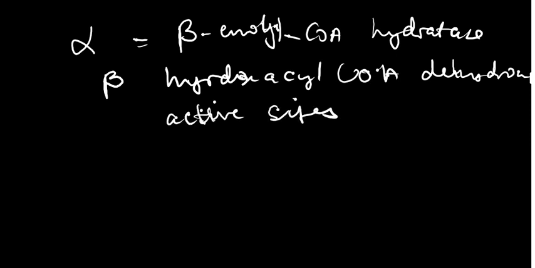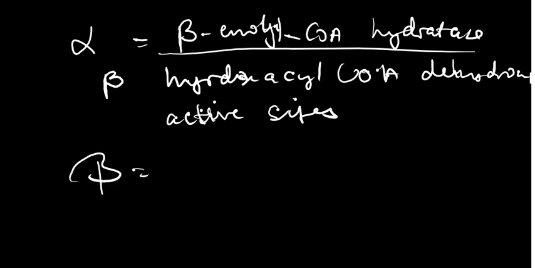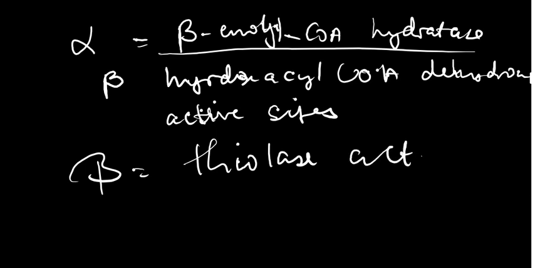If these are active sites, it means these are specific sites to which these enzymes bind. However, when you come to the beta chains, they have thiolase active sites. So the alpha chains have the hydratase and dehydrogenase active sites, whereas the beta chains have thiolase active sites.